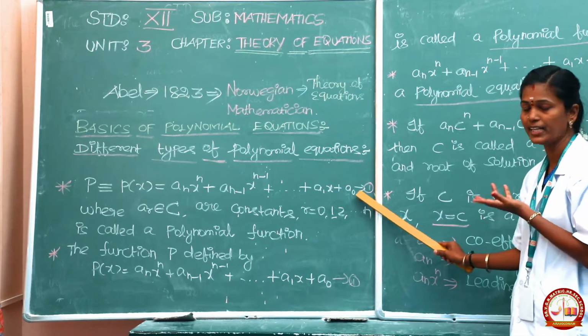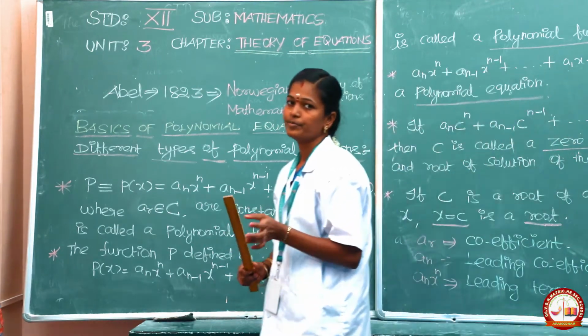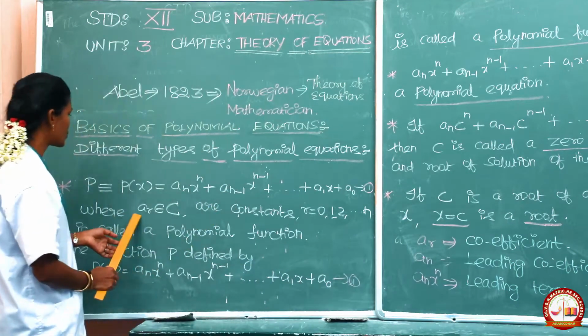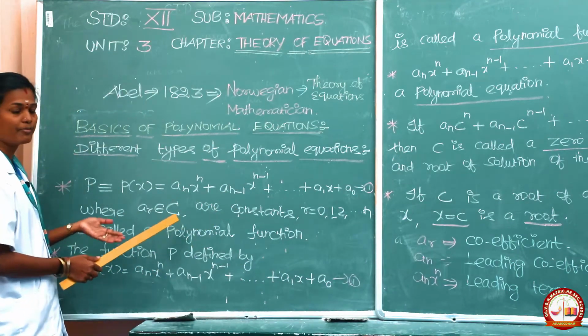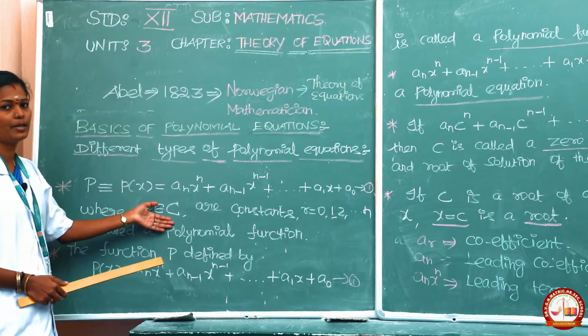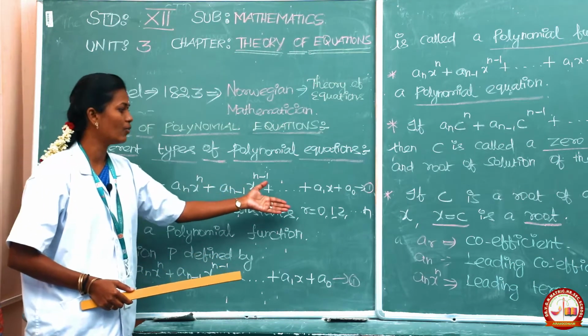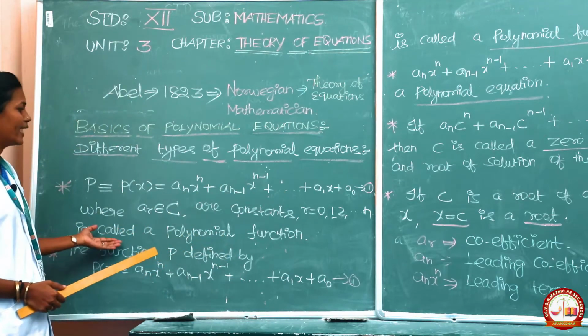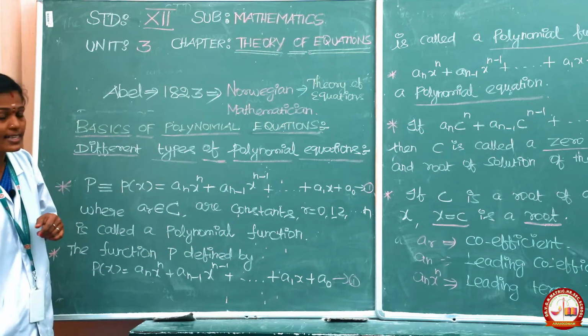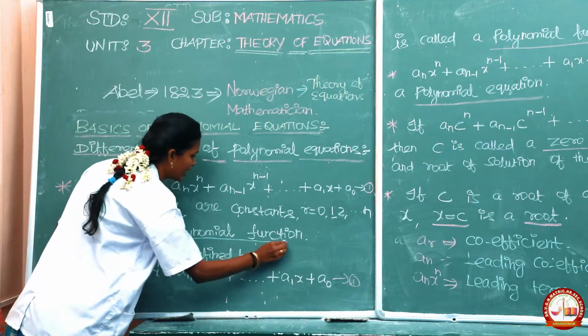This is equation 1, where a_r belongs to C, C means complex numbers, or constants, for r equal to 0, 1, 2 up to n. This is called a polynomial function.